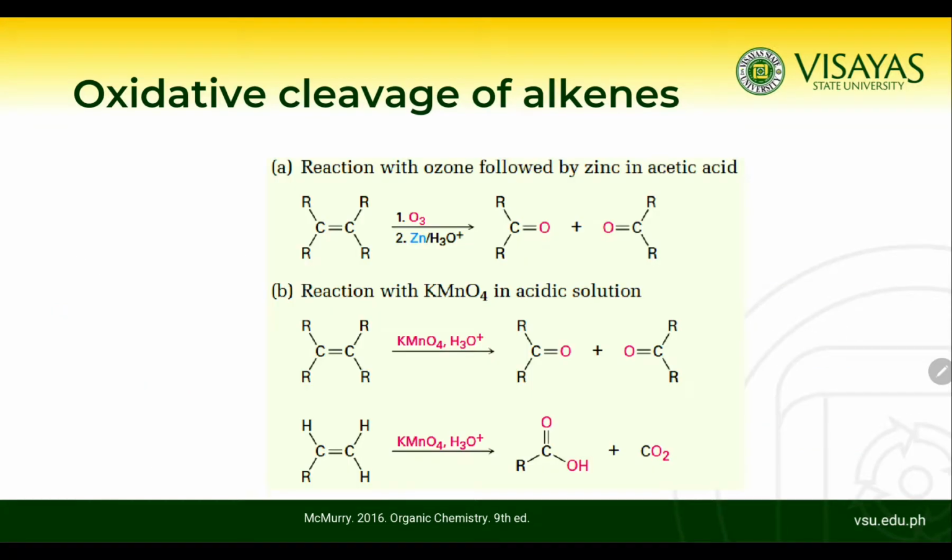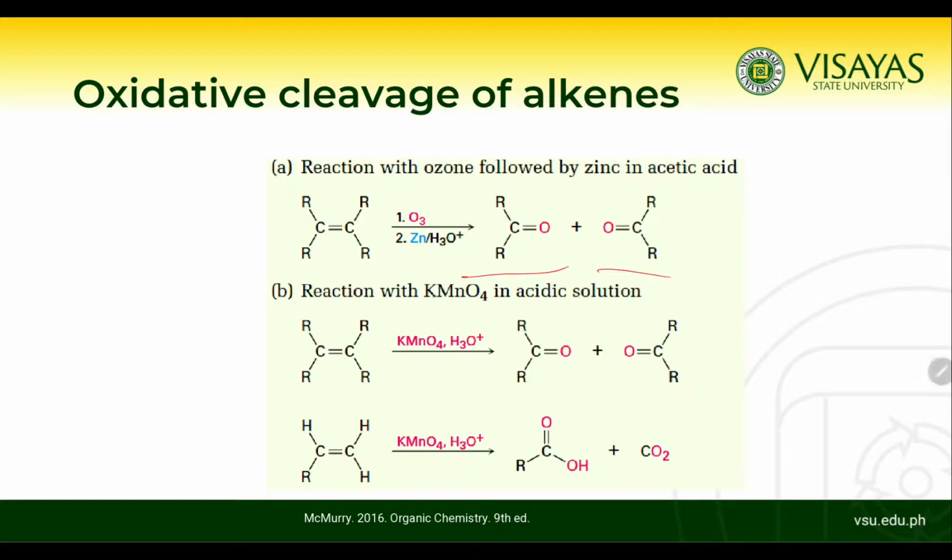Okay. So this is a summary of the oxidative cleavage of alkenes. We have here reaction with ozone followed by zinc and acetic acid. So mag-produce tag mga carbonyl containing either aldehyde or ketone, depende kung pila ka di-substituted ba, tri or tetra-substituted ang atong carbon-carbon double bond.